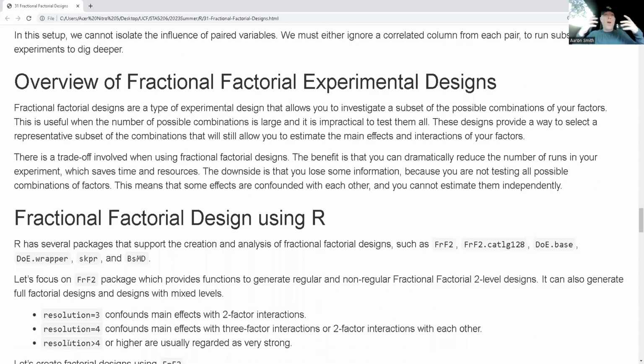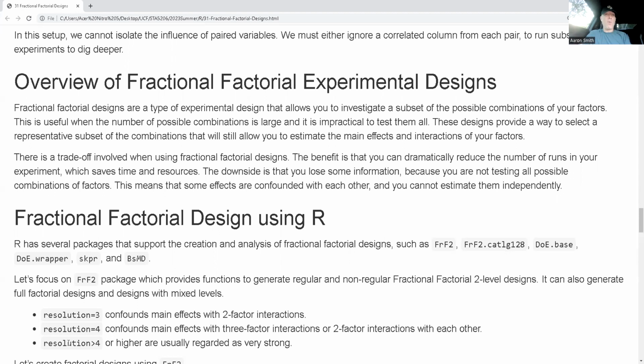So fractional factorial designs are really our best choice when we wish that we could do all possible combinations, but we can't. So we've got a pretty powerful setup. And one thing that's nice about the theory that's already been done is that before I launch my experiment, I can actually know how much of an information loss am I suffering?